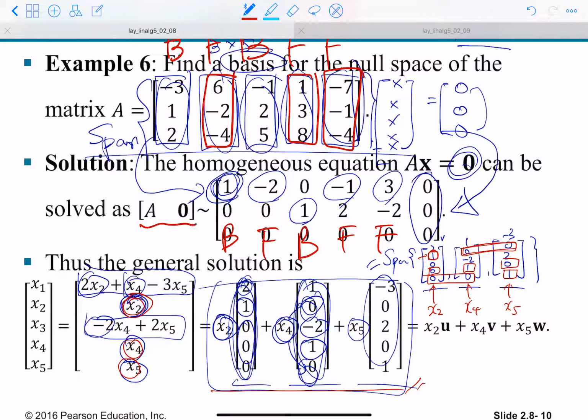We will see the example in the next slide as well. So this is our homogeneous linear system, which is converted into this reduced echelon form, and these two matrices are row equivalent, right?